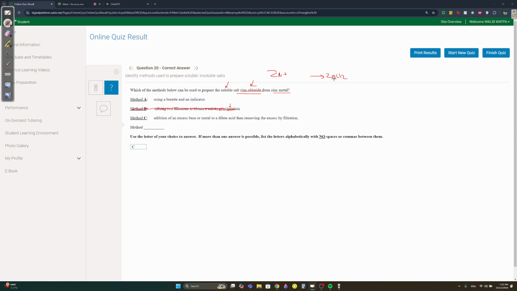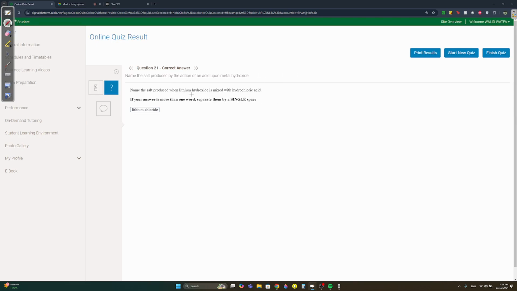What do you add to a metal to get a salt? You always add an acid. In this case, I want an acid with Cl, so let's say HCl. We don't care, but we need to add an acid. Do you use a burette and indicator? No, that is the titration method. So we add excess base or metal to dilute acid, then remove it by filtration. So we're using the excess method.